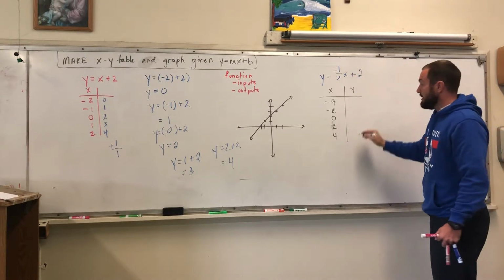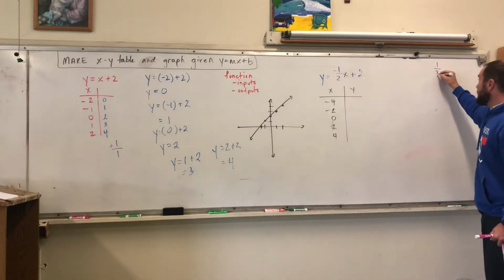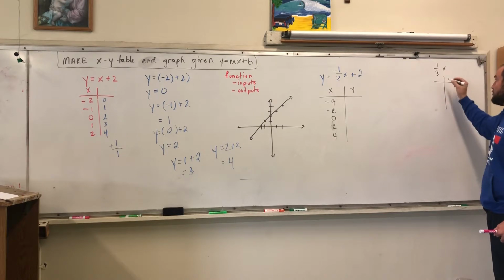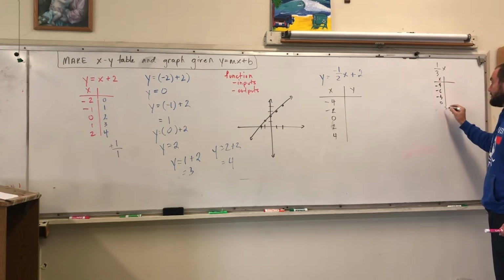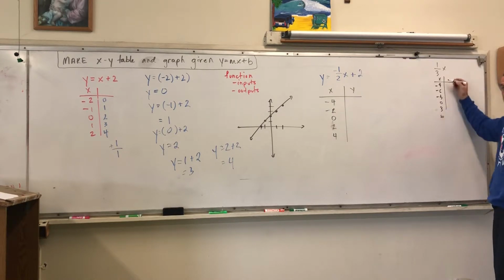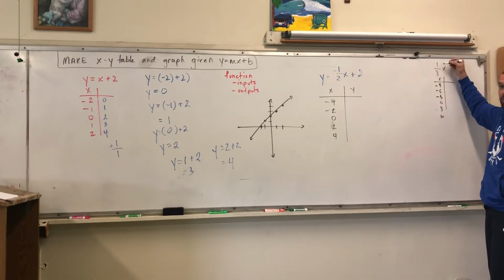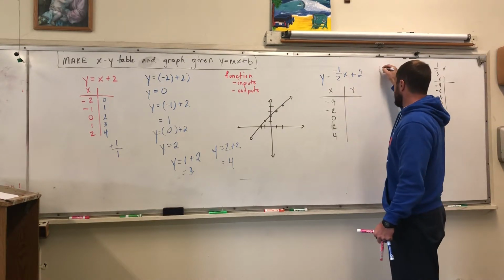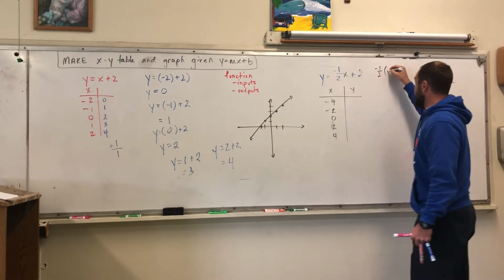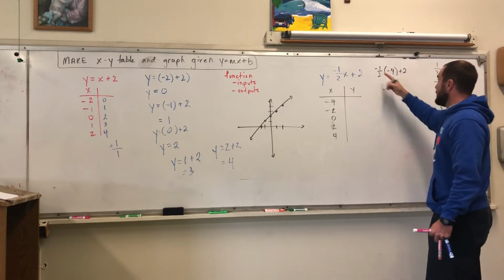Like if I had a 1/3 x, I may choose as my x values -9, -6, -3, 0, 3, 6, because these are numbers that work well with a 1/3. So here we're just evaluating -1/2 times -4 plus 2.